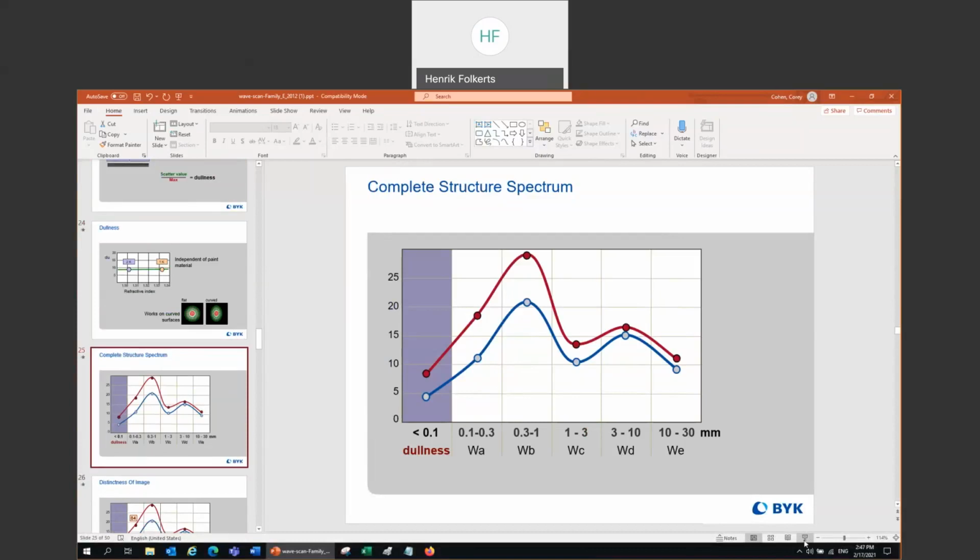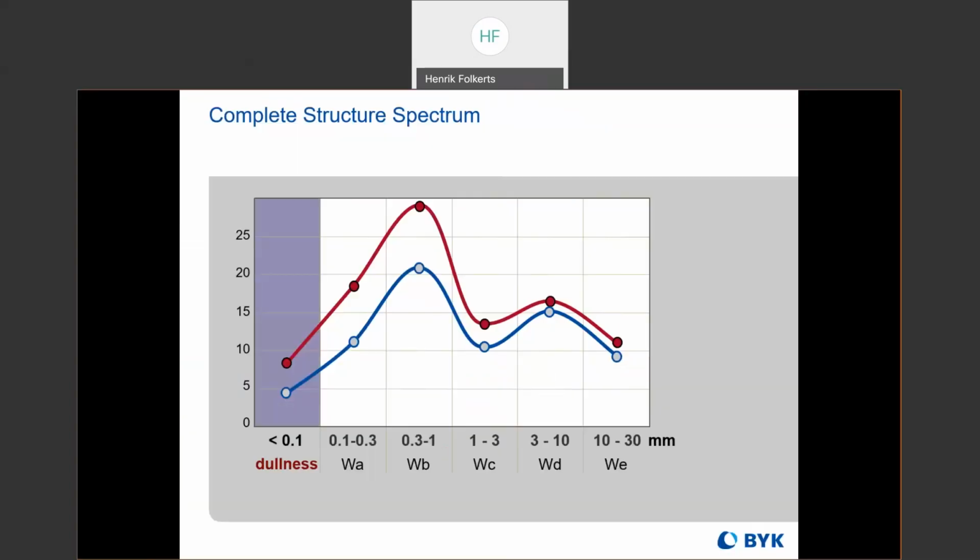This is a structure spectrum curve that Ray was referring to, and it's kind of like a reflectance curve for color. It'll tell you a lot more about what's going on than just your long wave, short wave, and dullness values.